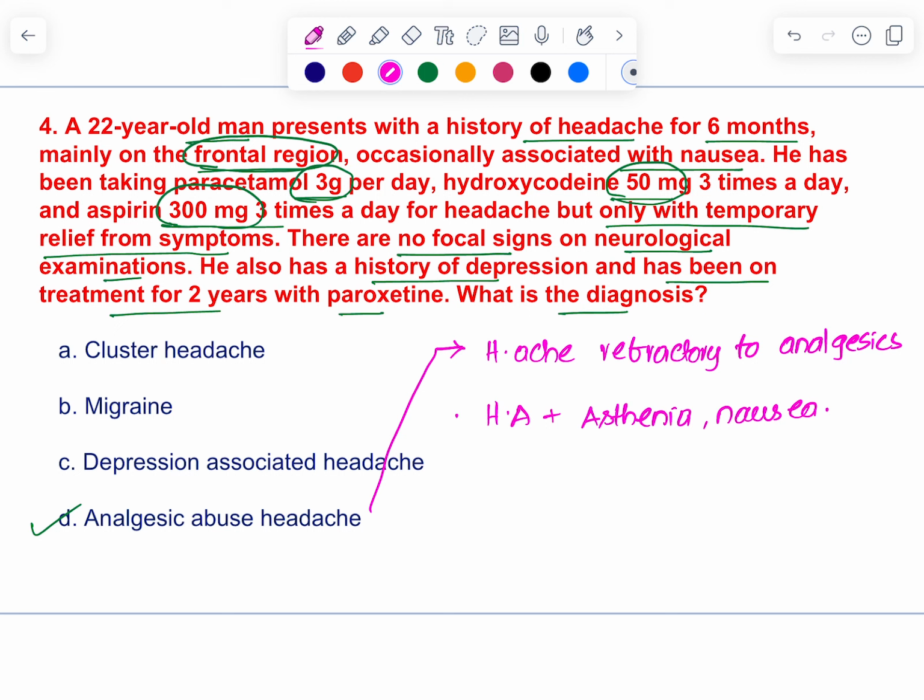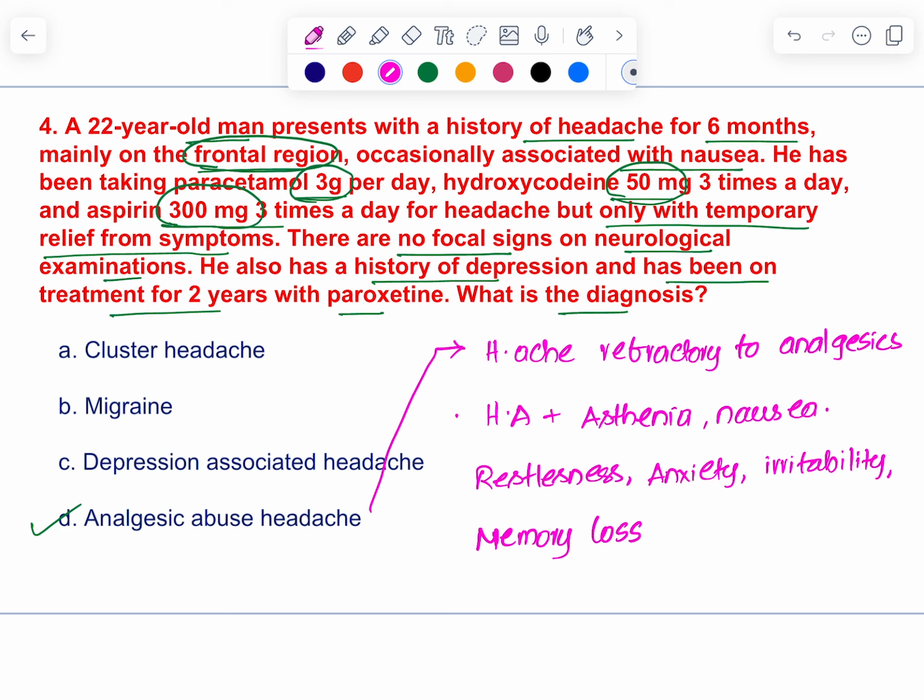And along with this headache and gastrointestinal symptoms, these patients will also have restlessness, anxiety, irritability, and they also have memory loss.